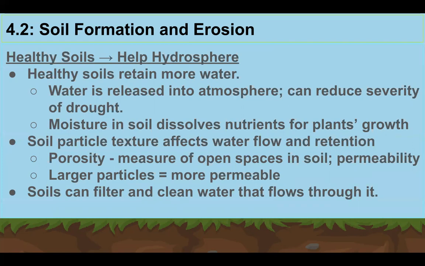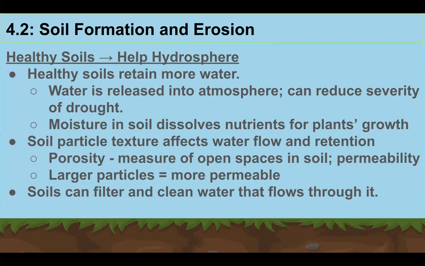Soils retain water, and that water can evaporate and go into the atmosphere, so that can be helpful in some weather conditions. The moisture in the soil helps to dissolve nutrients that plants will only be able to get from the water. So that is another important characteristic of soil and why water is important there.